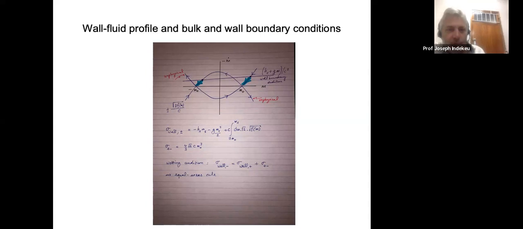If we want to satisfy the bulk condition that m is m0, then we must use the rightmost heavily colored trajectory, starting from the intersection of the straight line with the parabolae. Okay. So here we already get a flavor of how to get the optimal profiles for the wall plus and for the wall minus order parameter profiles.